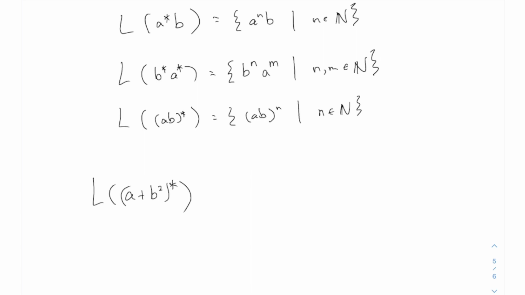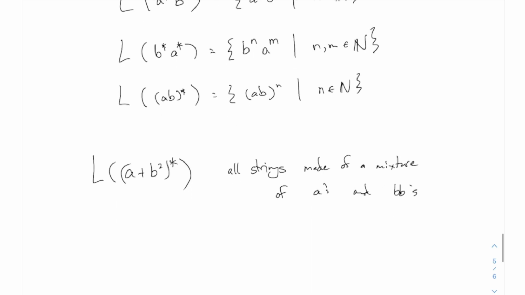So maybe I'll just say all strings made of a mixture of A's and BB's, right? Of course, B squared, that square is not a special regular expression thing. I just mean BB when I write B squared. All right? Great. I meant to say the concatenation operation.